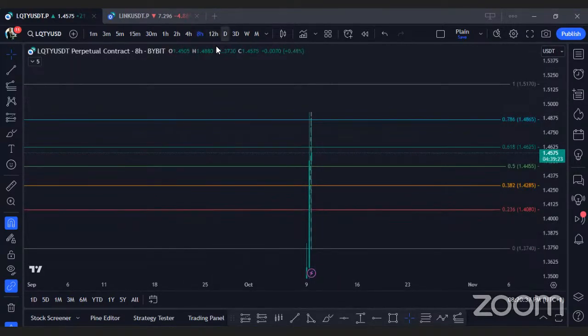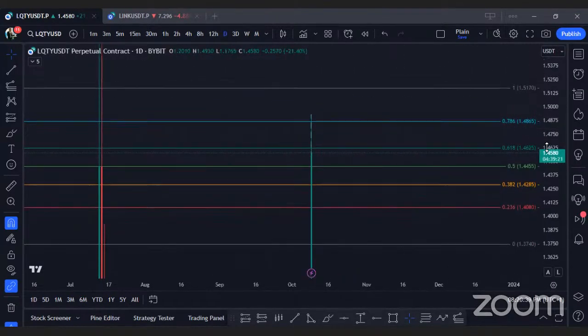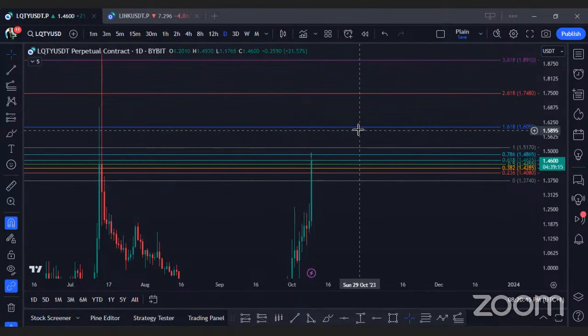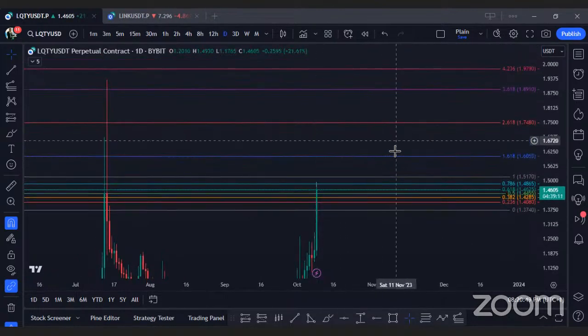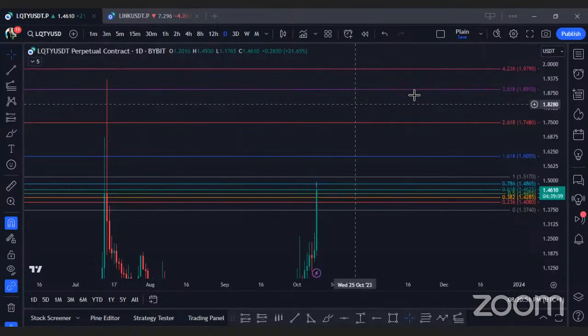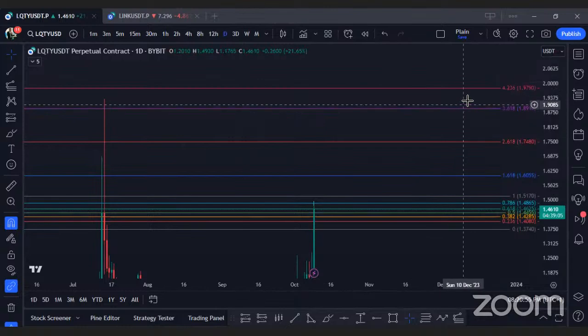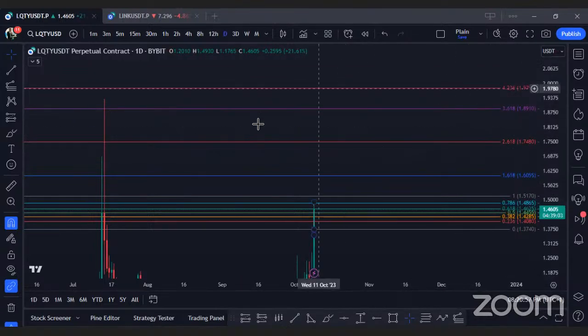Now, if I go to a higher time frame or even to the daily time frame, if we scale through this area, possible area that I can see this token reacting from is the 1.618 level. The 1.618 level, we have the 2.618 level, and then you have the 3.618 level too. And the last level there is the 4.23 level.